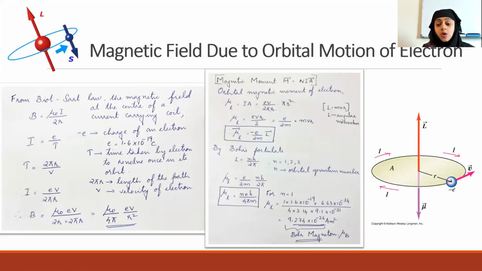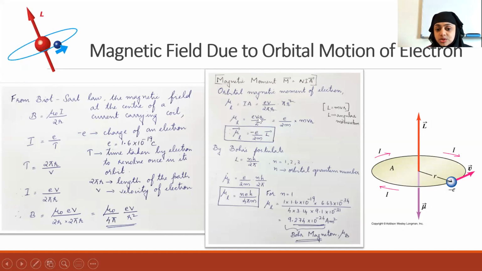If this was caused by a particle which is positively charged, the orbital magnetic moment would be in the same direction as the angular momentum. But the electron is negative charge, so minus e by 2m into L. From this vector equation, it is clear that the orbital magnetic moment of an electron is opposite in direction to the angular momentum of the electron.